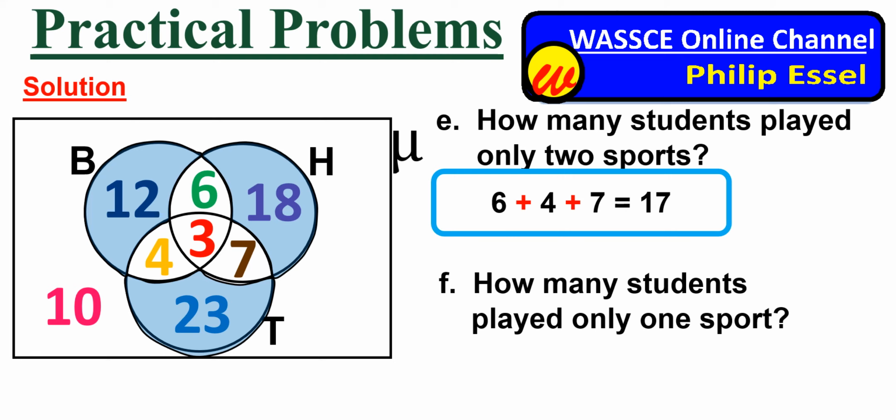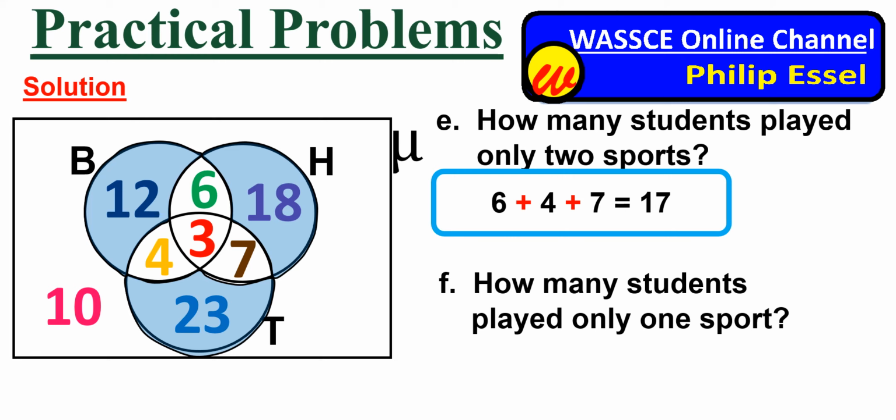The region with the 12 people is the region where students play only baseball. The region with the 18 people is the region where students play only hockey. And the region with 23 students is the region where students play only tennis.